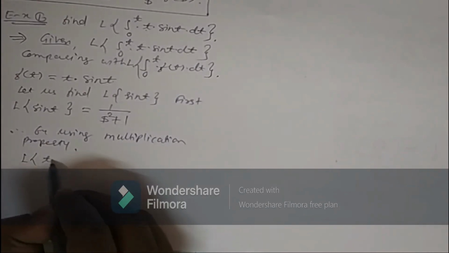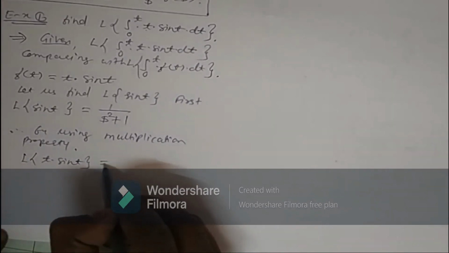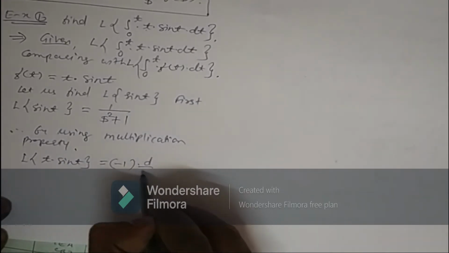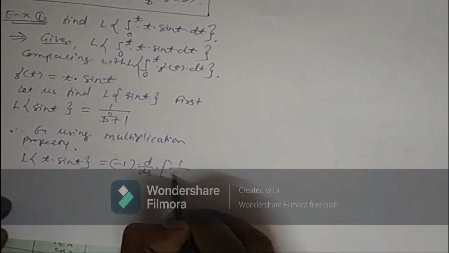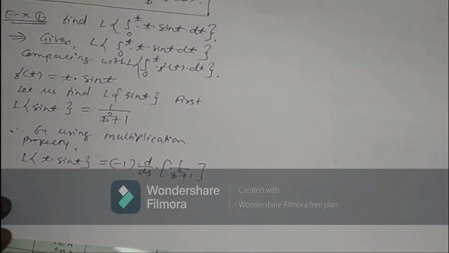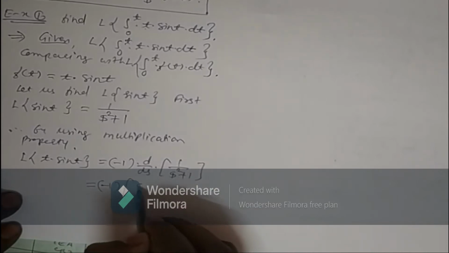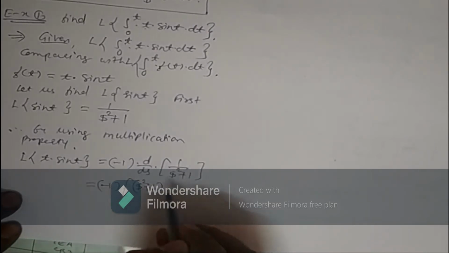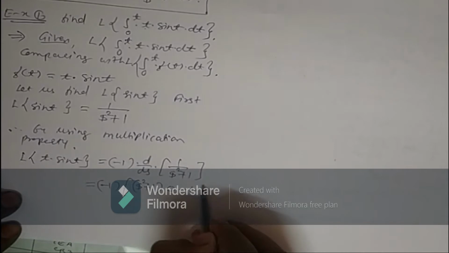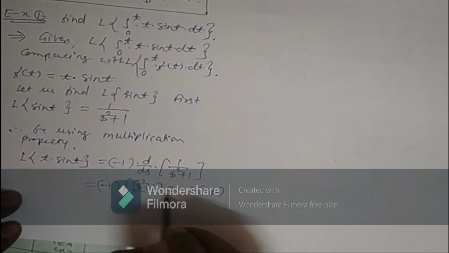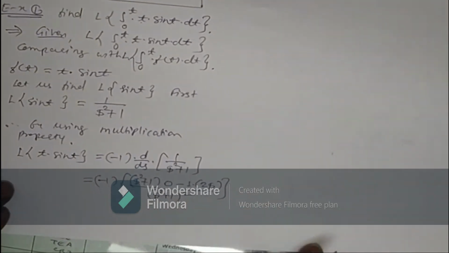The Laplace transform of t into sin t is equal to minus 1 into d upon ds of F of s, that is 1 upon s square plus 1. Now this can be written as minus 1 as it is. Now the derivative of this: s square plus 1 as it is, derivative of 1 is 0, minus 1 as it is, derivative of s square is 2s, plus the derivative of 1 is 0, divided by s square plus 1 whole square, isn't it?